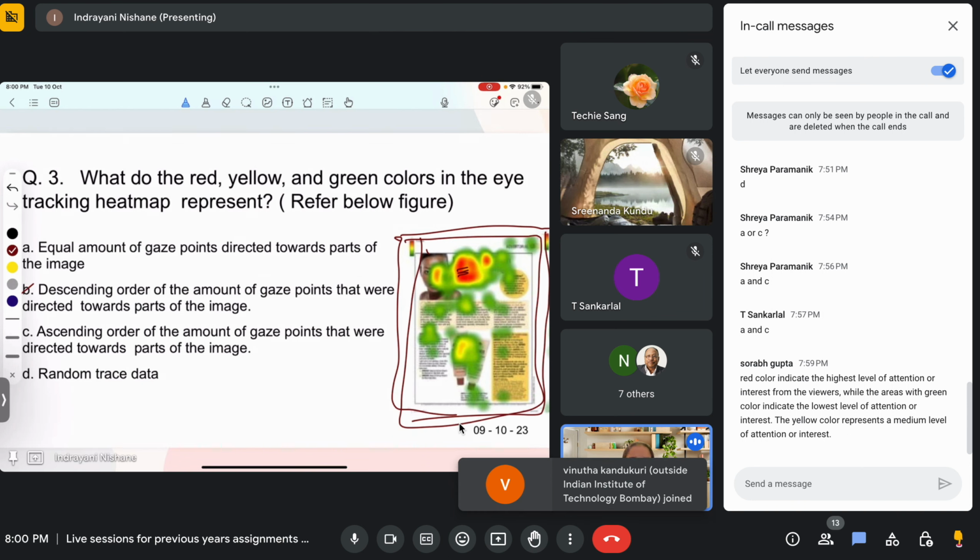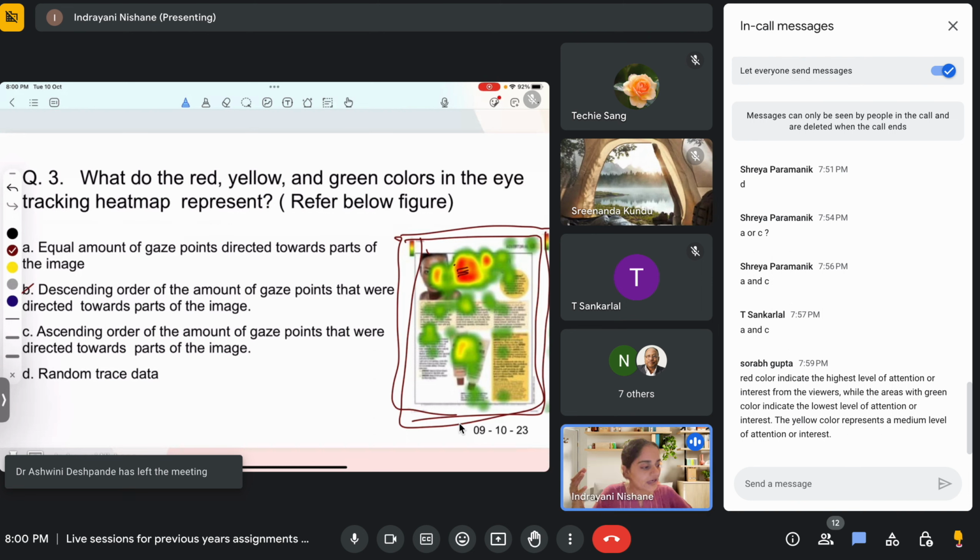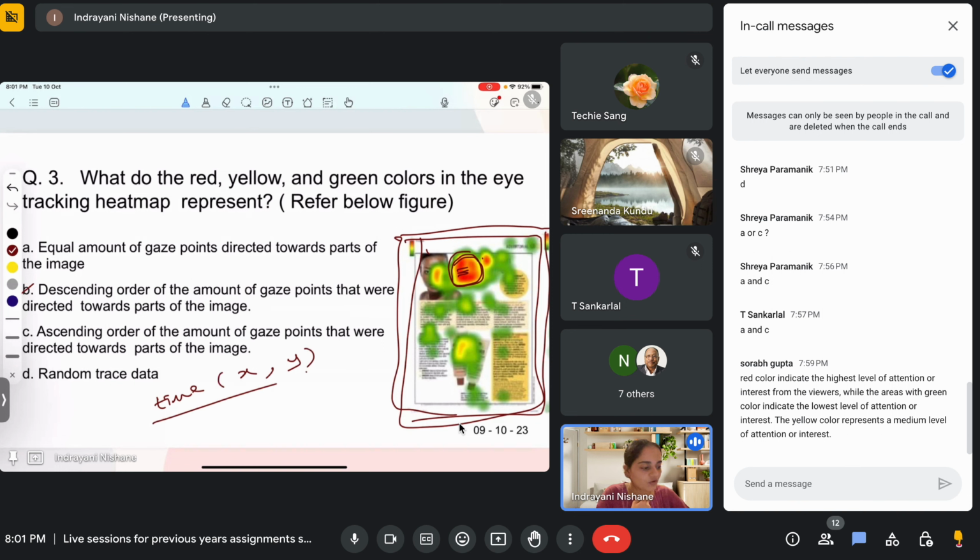When the fixation count is higher, those coordinates will be red, because we have the timestamp and x and y coordinates. How many times this timestamp repeats gives us the count. When that count is higher for particular x and y coordinates, that area will be red. As the count decreases there is a gradient: the highest number gets the deepest shade of red, and from red to green it is a transition.